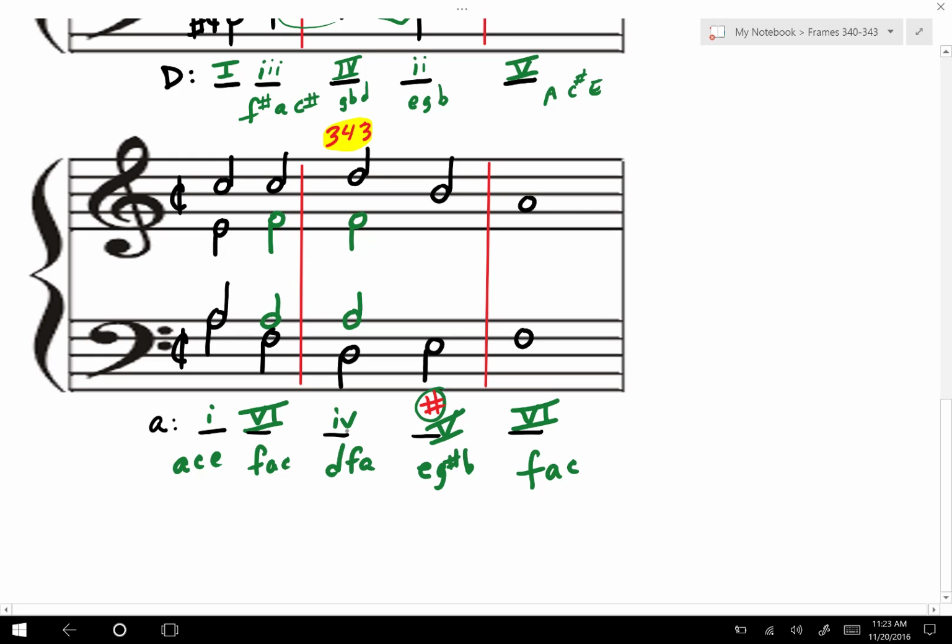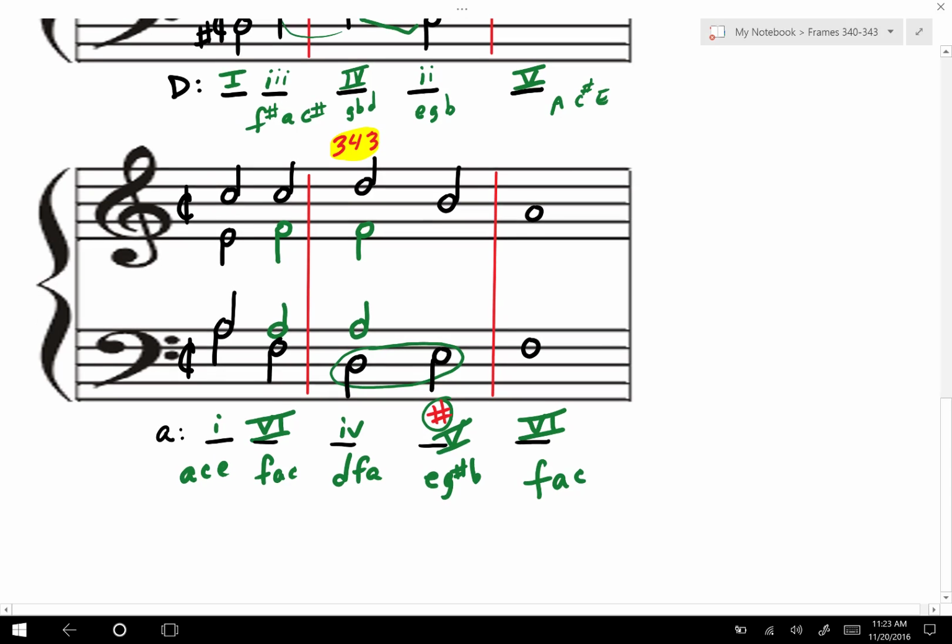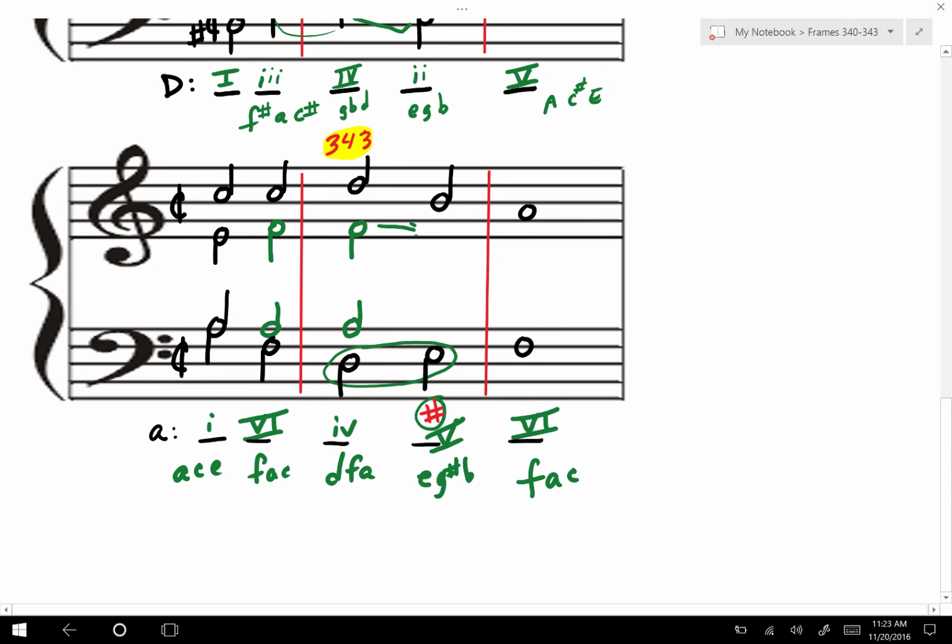The next one, we're going from a 4 chord to a 5 chord. The bass moves by the interval of a second. What does that mean? That means there will be no common tones when the bass moves by the interval of a second. So you're going to need to move to the nearest chord tone. So we need E, G sharp, B. So my altos can go down to the E and double the bass, which is the root, and my tenors can go sing the G sharp.